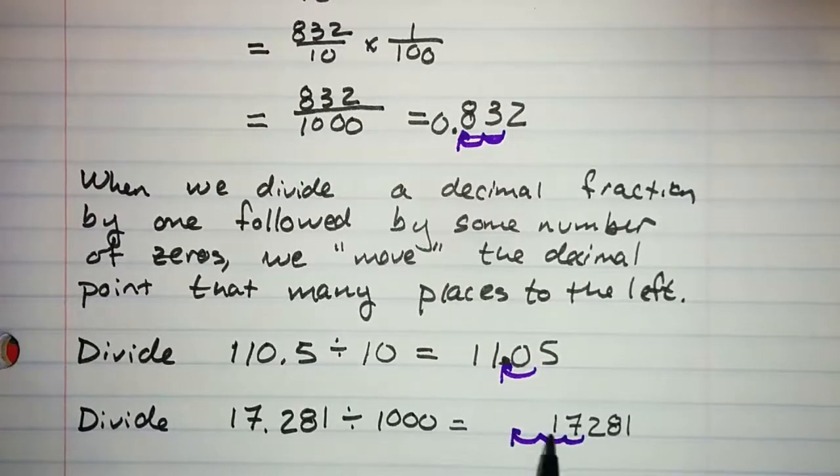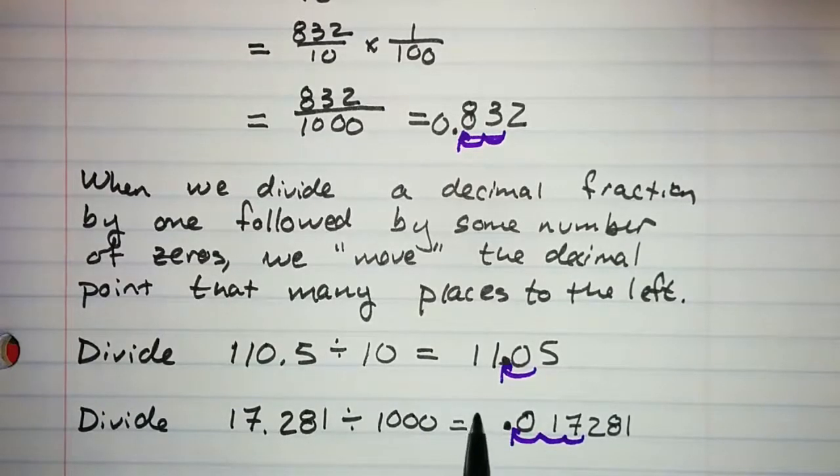Oh, but I see that I only had 2 more digits. I want 3 more digits to the right of the decimal point. So I'll need to write in an extra 0. And because it looks nice, I'll write in that 0 before the decimal point as well. My answer is 0.017281.